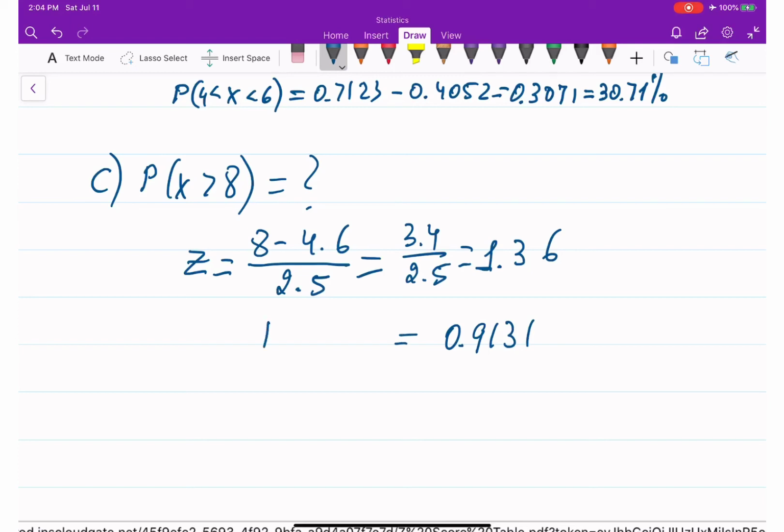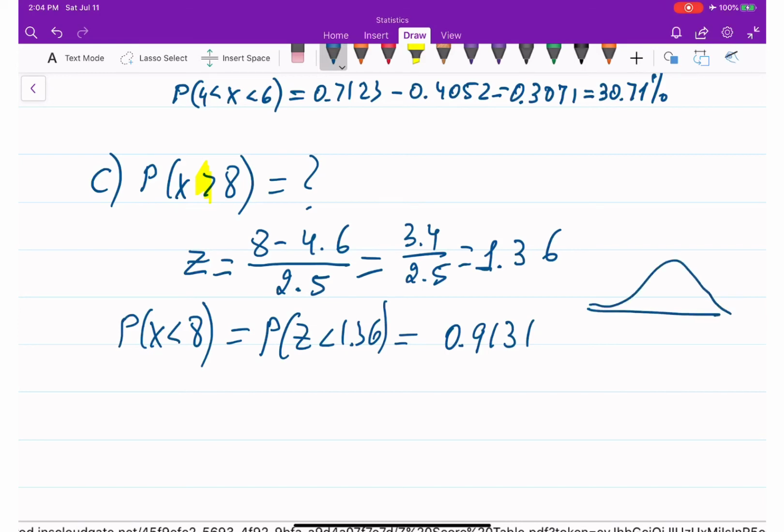That is probability of z-score less than 1.36, and that is equal probability of x less than 8. But we need greater than 8, right? We need greater than 8. Remember what we have to do? Correct, we need to subtract. This is 1, the entire database here.